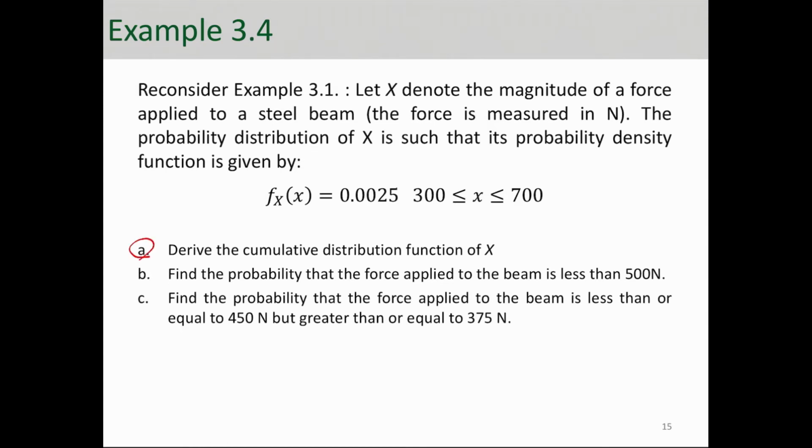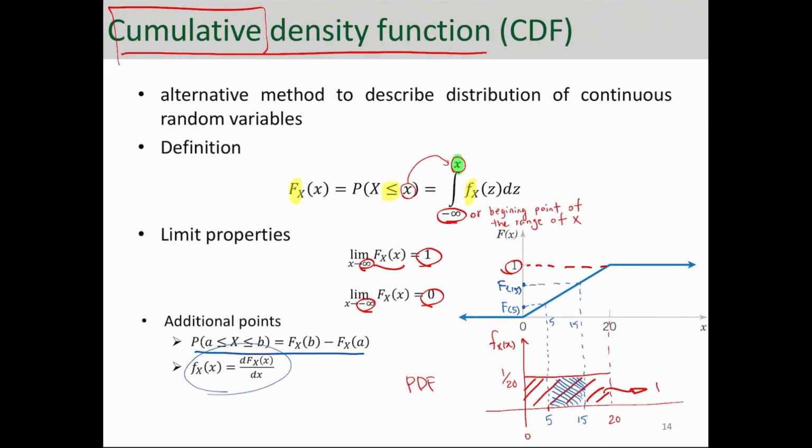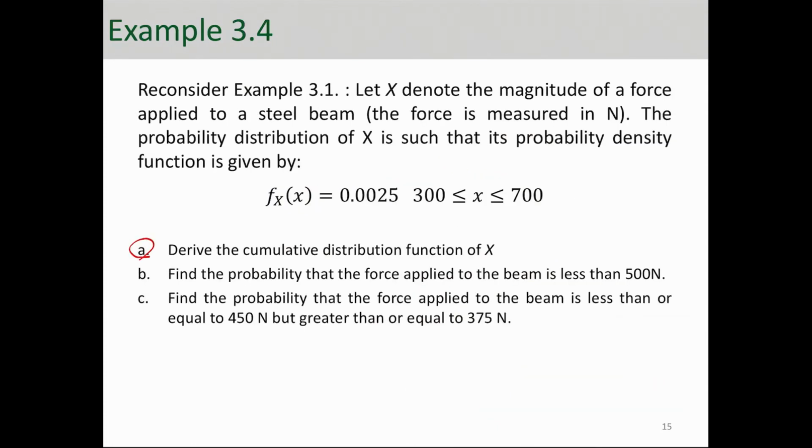We want to derive the cumulative distribution function first. To derive the CDF using the PDF, we have to integrate from the beginning point of the range to x. So let's do that here.